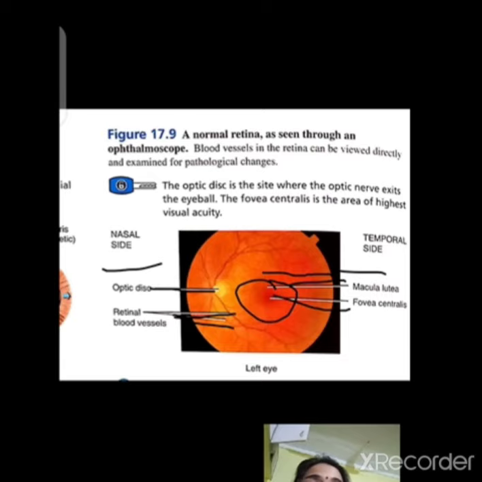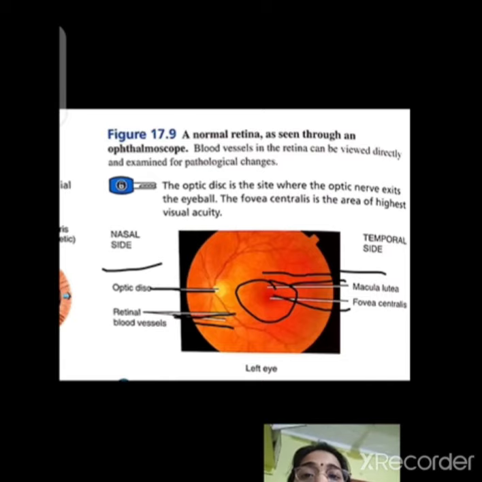This is all about the anatomical part of your eyeball. We have seen the various layers: the fibrous tunic, the vascular tunic, the retina, the response to light, the cornea, sclera, choroid, ciliary body, lens, the muscles of the pupil, the conjunctiva, and the retina and its blood vessels.